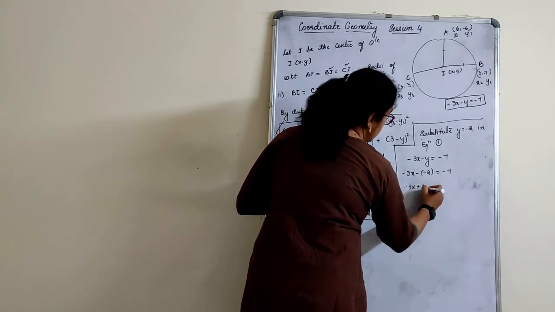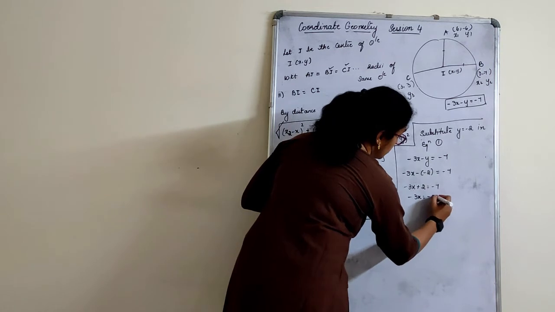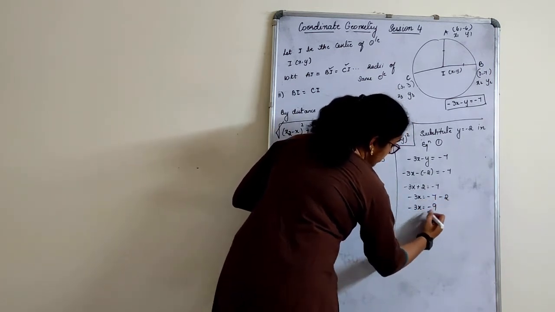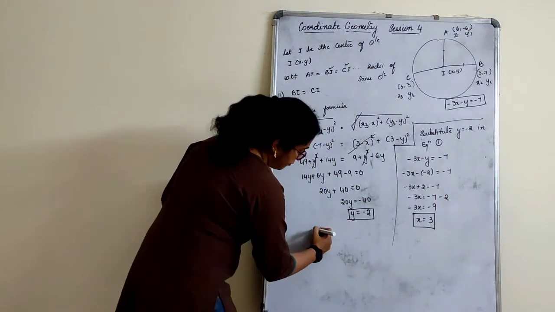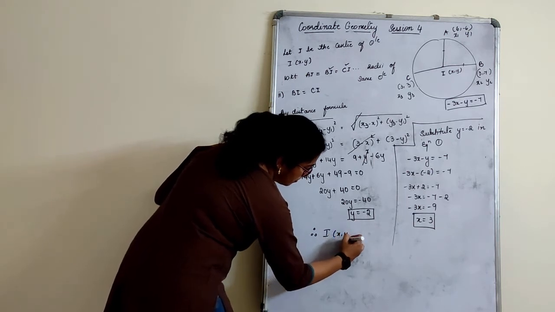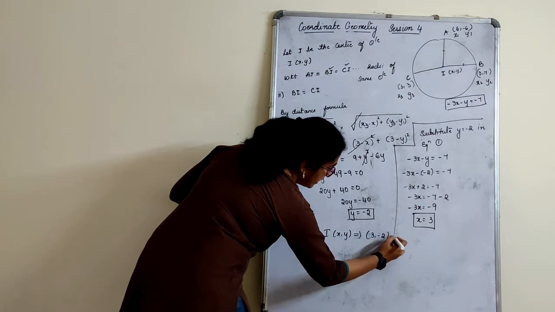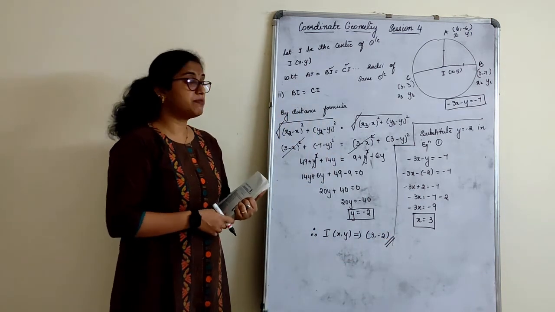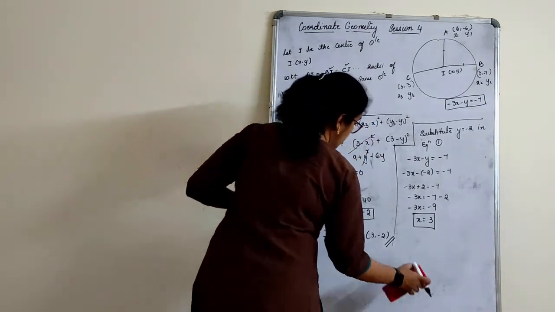Minus 3x plus 2 is equal to minus 7. Minus 3x is equal to minus 7 minus 2. Minus 3x is equal to minus 9. x is equal to 3. Therefore, the coordinates of I, x comma y, are 3 comma minus 2. Okay? Very simple questions but quite lengthy to do. Quickly we'll move to the next one.